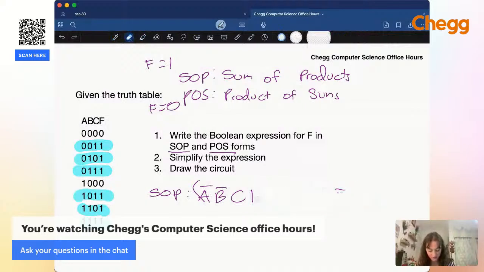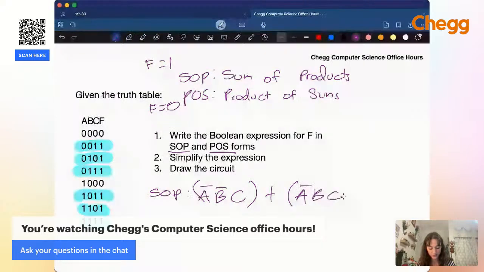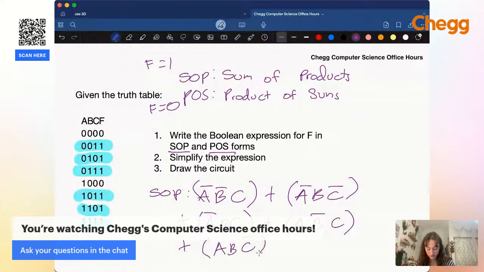There. So it's just 3 variables. My bad. Or A is false, B is true, C is false, or A is 0, B and C are 1, or A is 1, B is 0, and C is true, or A, B are true, C is false, or A, B, and C are true.